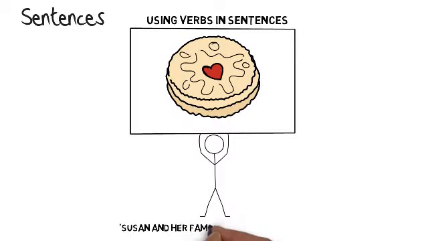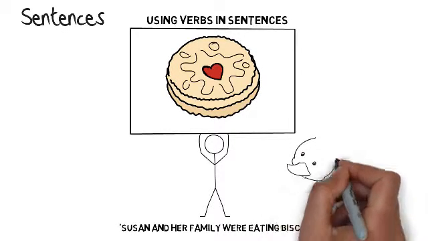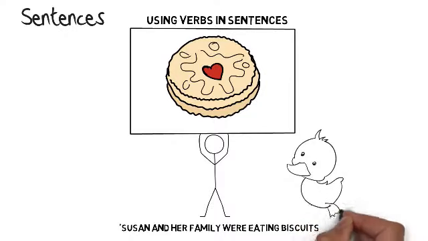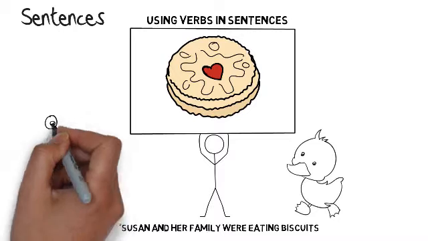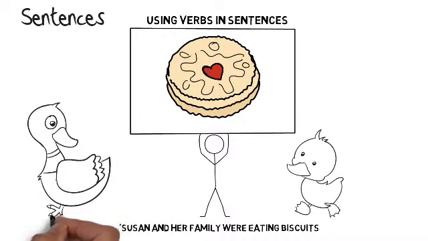So Susan and her family were eating biscuits. Make sure the tense of the verb you're using is right. "Daniel went to the park and see a duck" is wrong because went is past tense, but see is present tense. The sentence should be "Daniel went to the park and saw a duck." See?